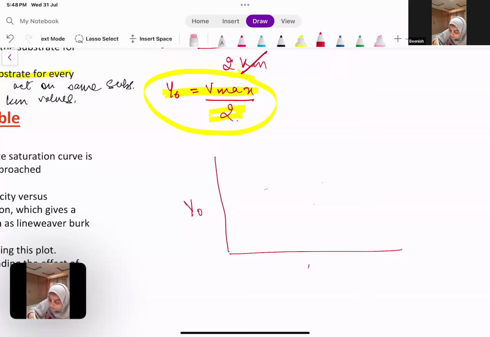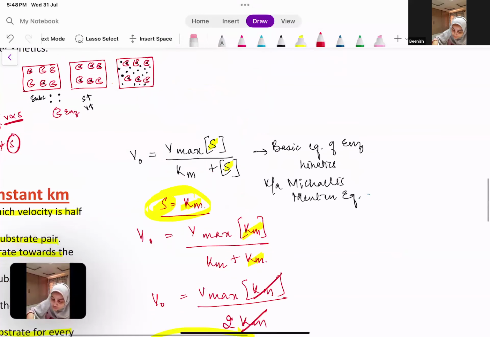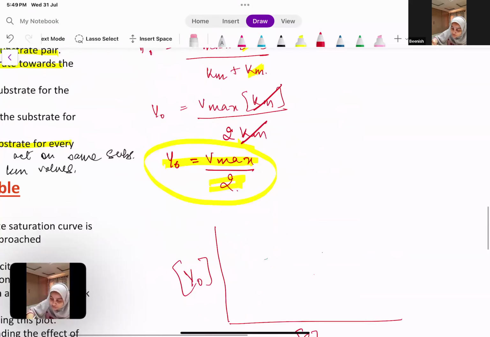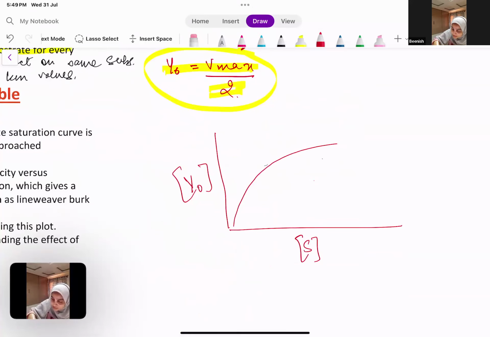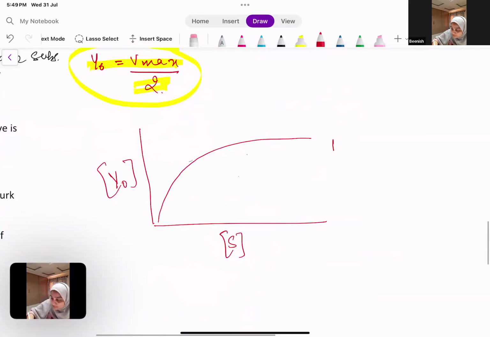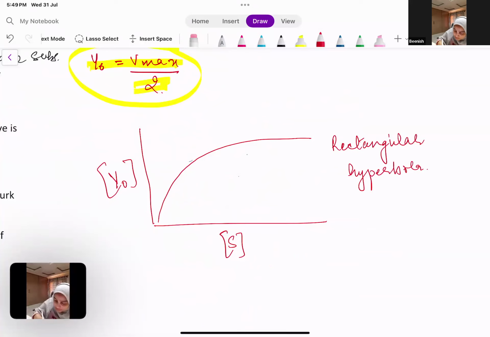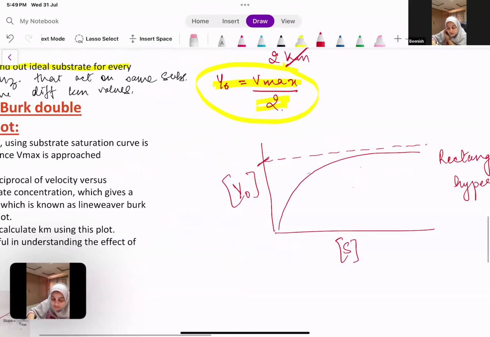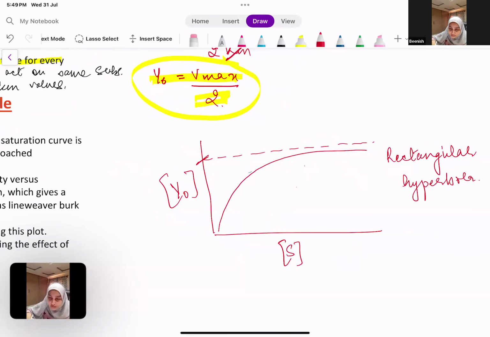If you plot V naught, that is reaction velocity, against substrate concentration, you are going to get a rectangular hyperbola. Now the maximum velocity is going to be approached asymptotically.